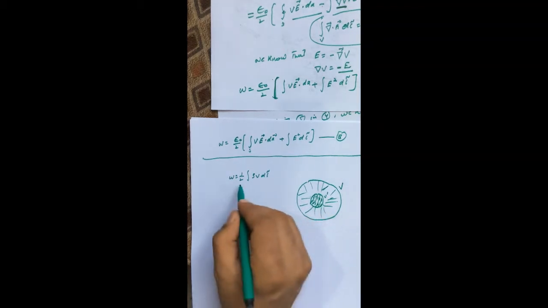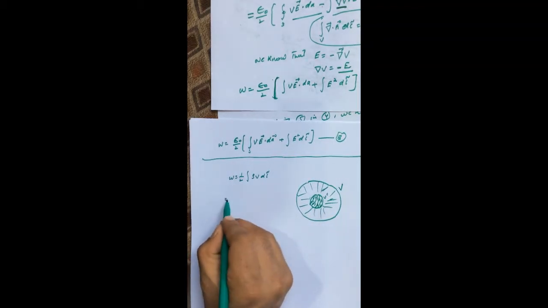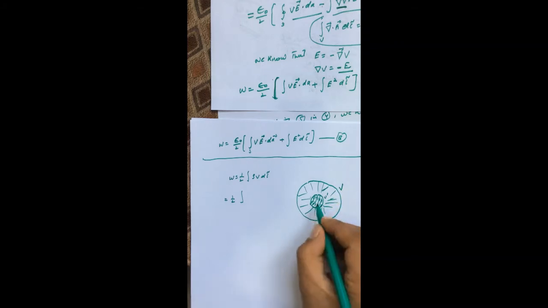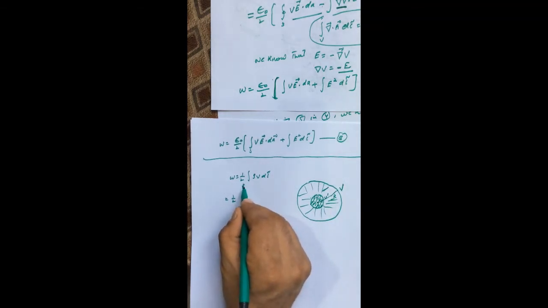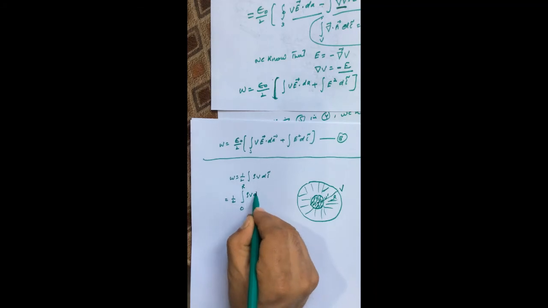If I solve this integral, it will look like this: 1 over 2 integral from 0 to capital R, where this volume has a radius capital R, of rho v d tau.